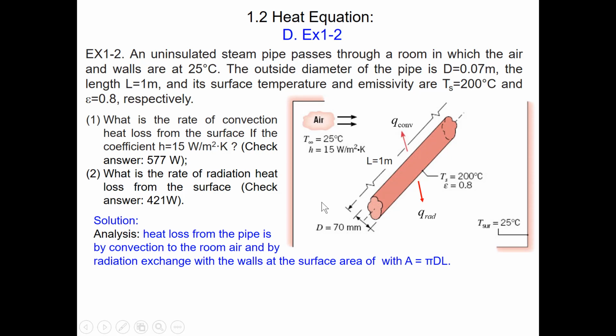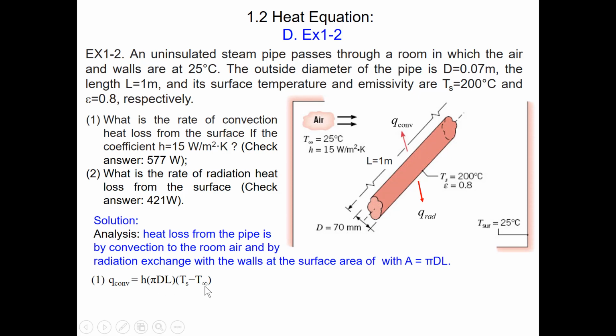The area in fact is pi dl. Since we knew the heat transfer mode on the outside pipe surface, we can select the heat rate equation for convection, which is the heat transfer coefficient times area. The geometry is cylinder or cylindrical, so the area is calculated by pi dl.